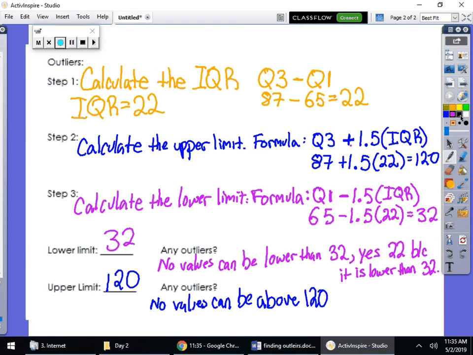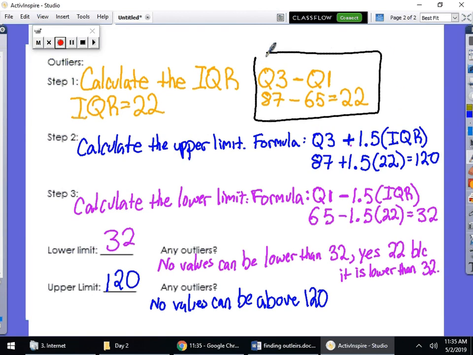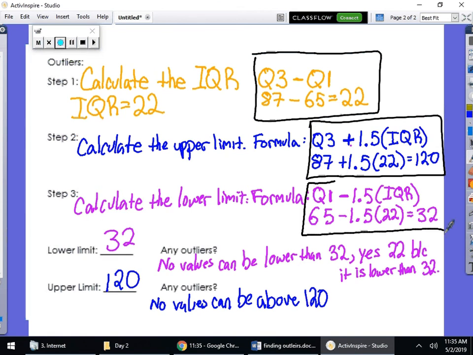You need to know the formula for the upper limit, Q3 plus 1.5 times the IQR, and the formula for the lower limit, Q1 minus 1.5 times the IQR. So this is how we determine whether we have outliers and how we can make box plots using all of our values. Now we're going to do a quick practice and go over our answers.